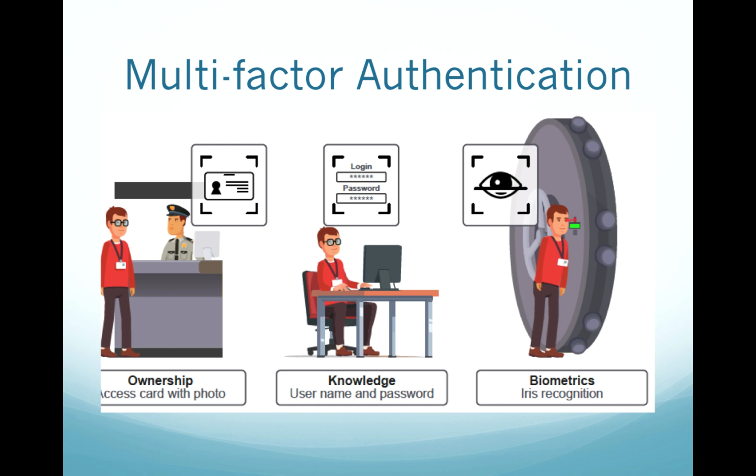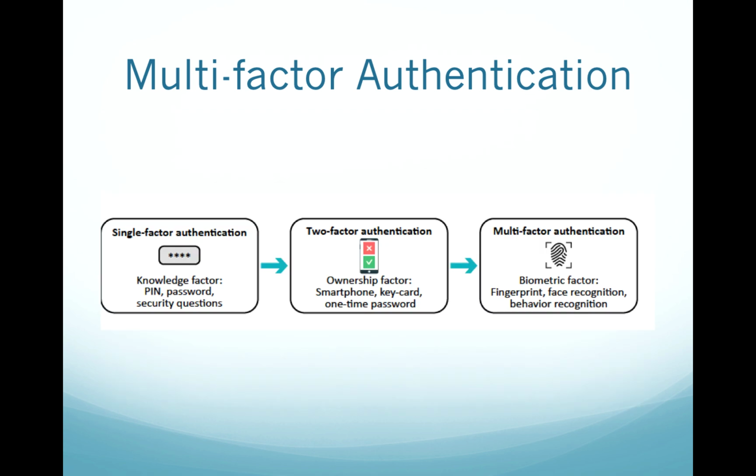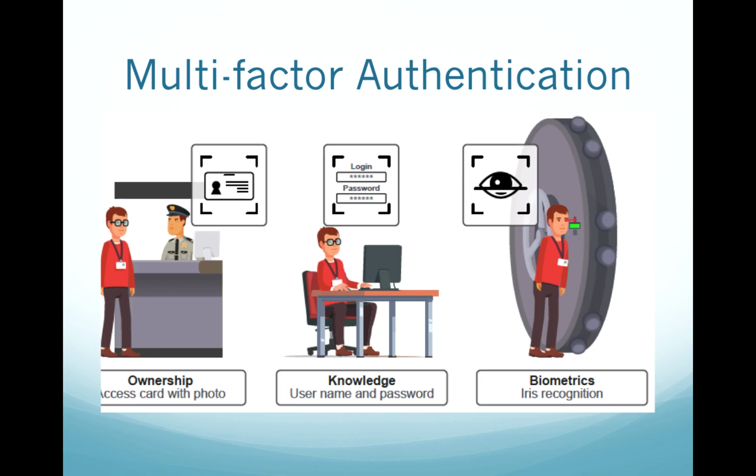When you get into a place, you have your photo, otherwise the guard will stop you. Knowledge is a username and password, and biometric is iris recognition. So multi-factor is more than a single factor.